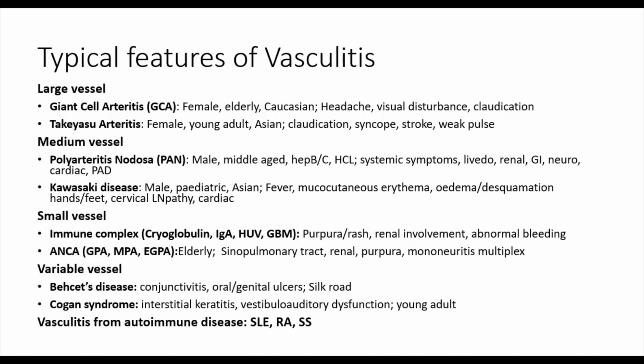This detects the presence of anti-neutrophil cytoplasmic antibodies and shows up as either a perinuclear staining pattern, known as a p-ANCA, or a diffusely granular cytoplasmic staining pattern, known as a c-ANCA.